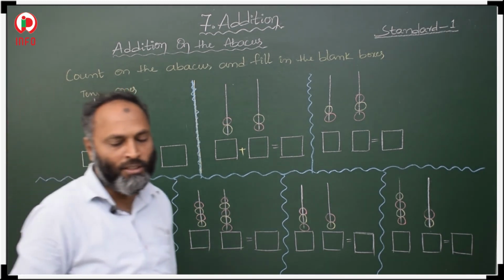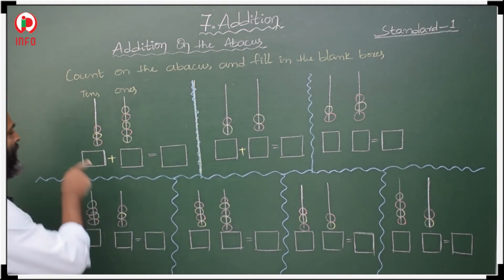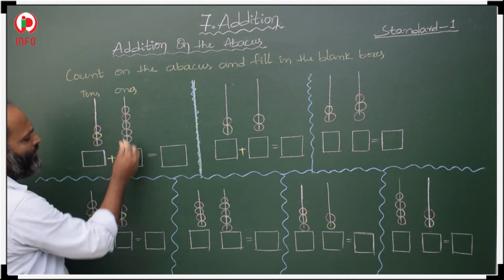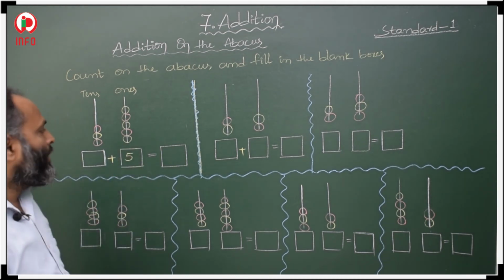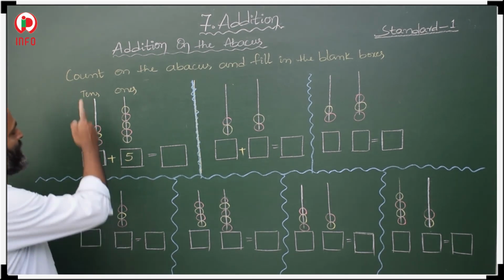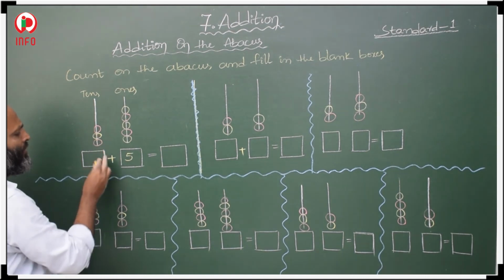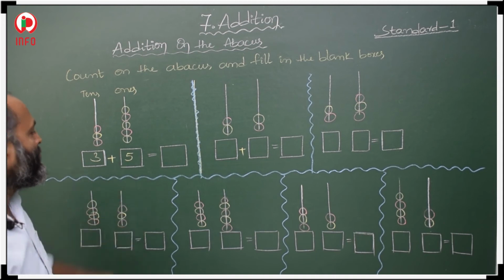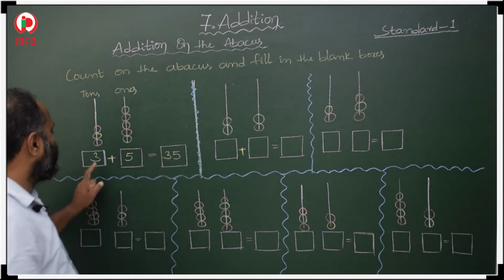How many tens and how many ones are there, we have to count first. 1, 2, 3, 4, 5. 5 beads are there in ones. And how many beads are there in the tens column? 1, 2, 3. 3 tens, 5 ones. The number will be 35. What is our number? 35.